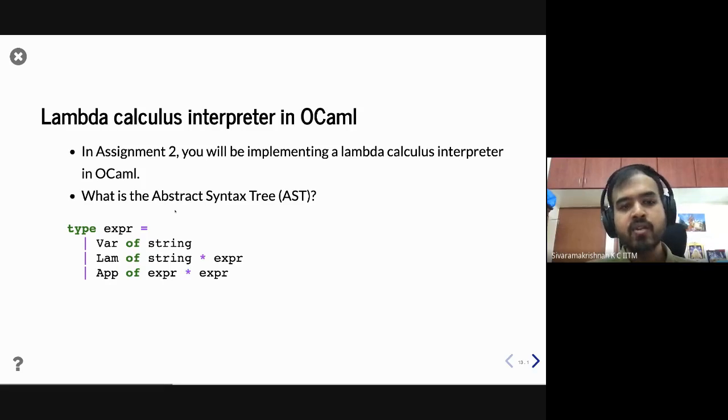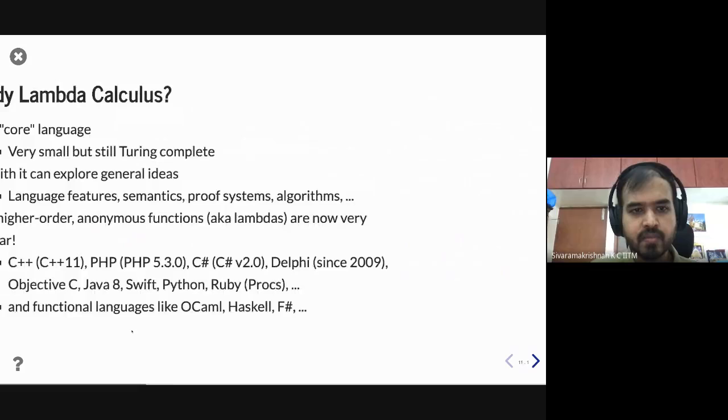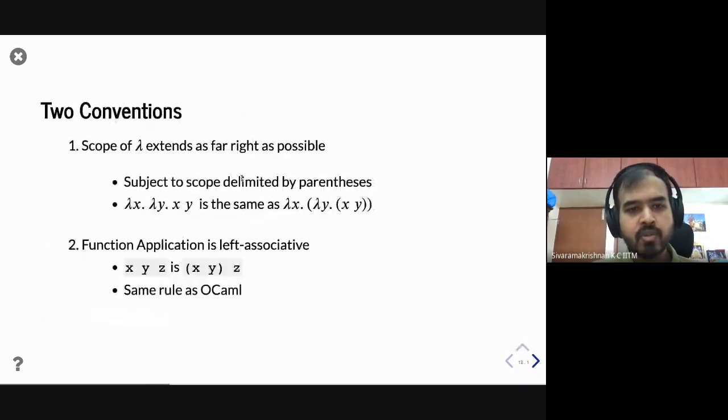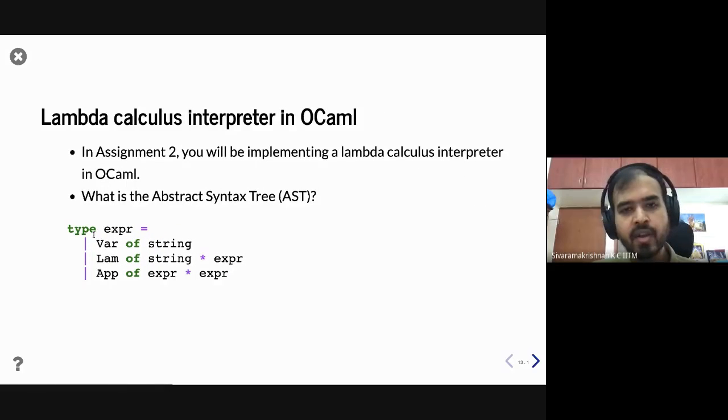Because in OCaml we have variant types, algebraic data types, this becomes very, very natural, right? Just recall this description of lambda calculus. There is a variable, there is an abstraction, there is application, 3 rules, right? And we can describe those 3 rules in an OCaml type where we declare a new type called expression. Expression is the type of lambda calculus terms, right? And there are 3 kinds of expressions.